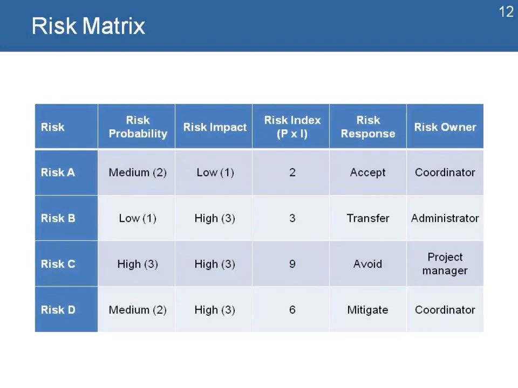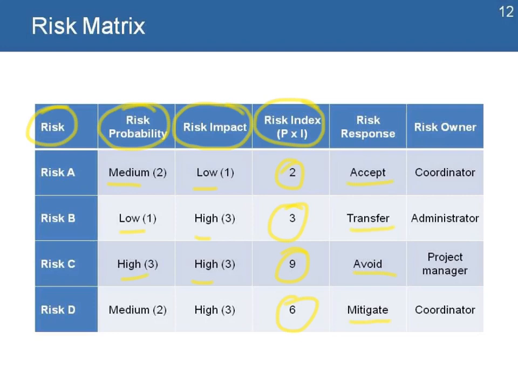This is the view of our risk matrix. When it's completed, we have identified all our risks. We have assigned a probability of medium, low, or high to the different risks. The team also identified the risk impact, low, medium, and high. Then we calculate the risk index, and based on those values we can choose the different strategies or responses that we can use.